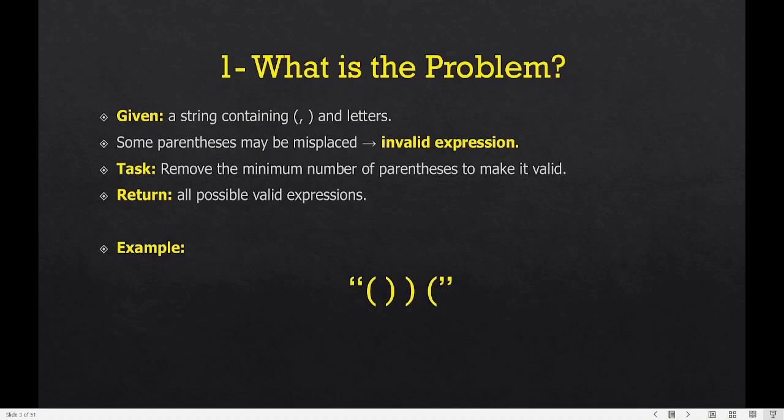It is already told to us that some parentheses may be misplaced. That's why our expression is an invalid expression. Our task is to remove the minimum number of parentheses to make it valid parentheses. So at the end, we have to return all possible valid expressions that can be formed from this invalid expression. For example, here in this example, let us further understand this example on the next page.